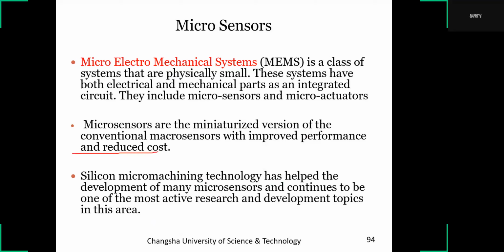Silicon micromachining technology has helped the development of many microsensors and continues to be one of the most active research and development topics in this area.